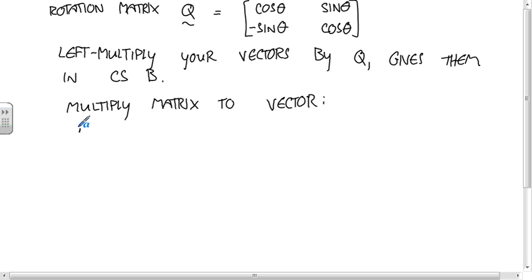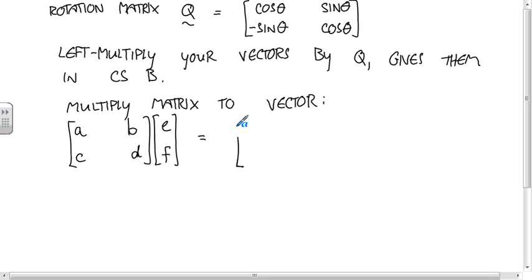If you have a matrix A, B, C, D, and you're multiplying it to a vector E, F, you can't do a 1/2 matrix. Even if you could, the order matters in matrix multiplication. So the vector goes on the right, the matrix on the left.